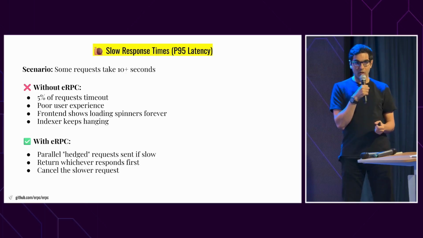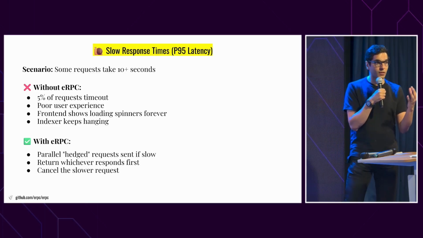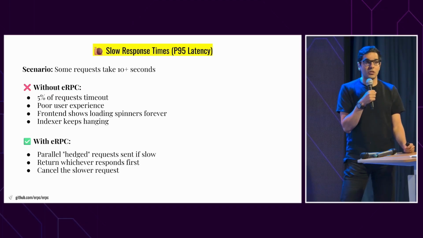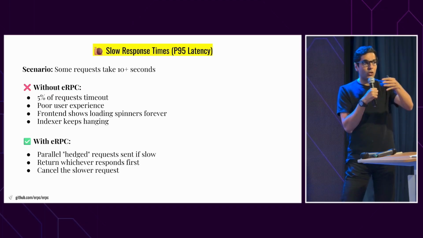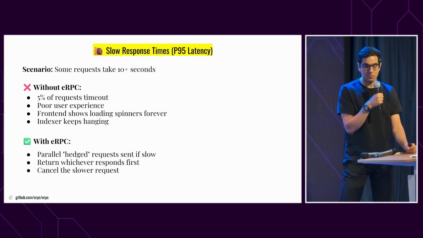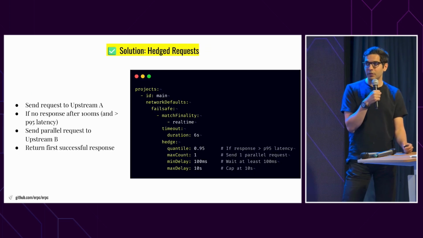Another really common issue is slow responses, right? It sometimes doesn't happen for other requests, just, for example, my debug methods are a bit slower than others. And there are going to be delays and timeouts in other parts of your stack, so indexing stops working, and again, users are going to have issues. In eRPC, we have a few ways of handling this. One of them is what we call the hedge feature, or a parallel request.